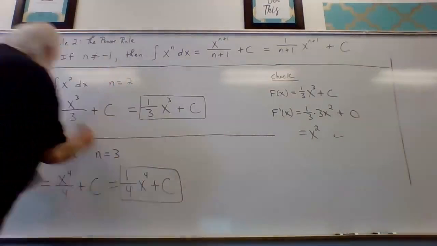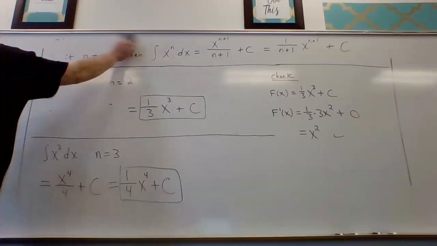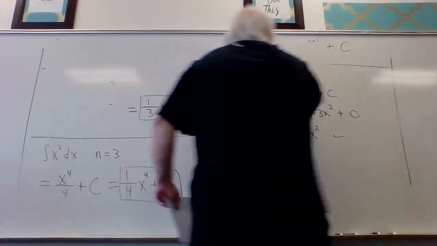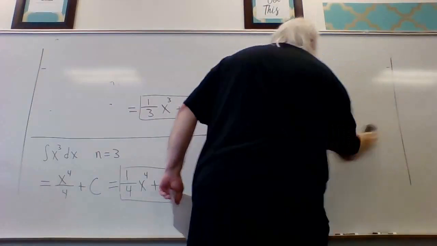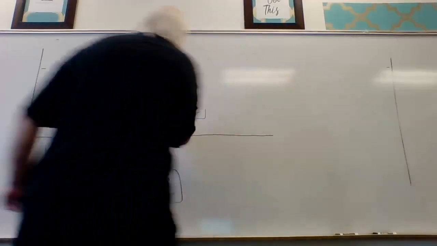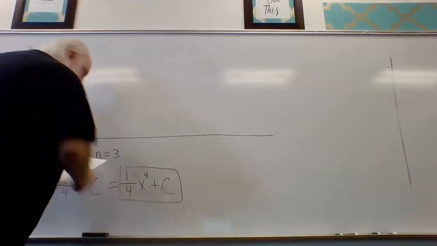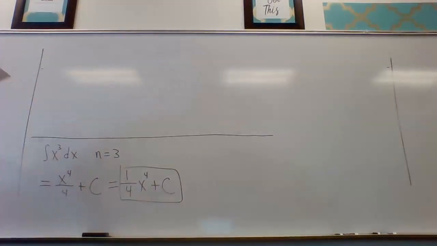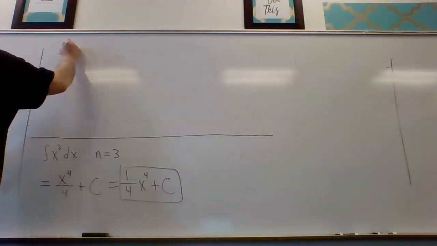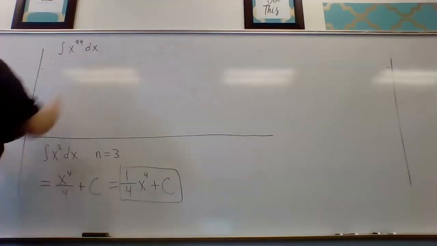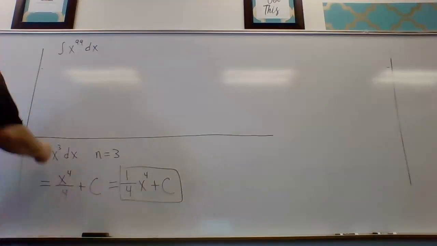In example 3, more of the same. We have to find the antiderivative of x to the 99th power with respect to x, right?